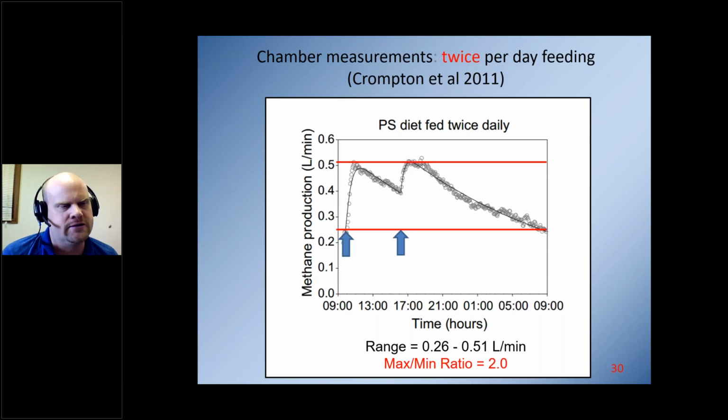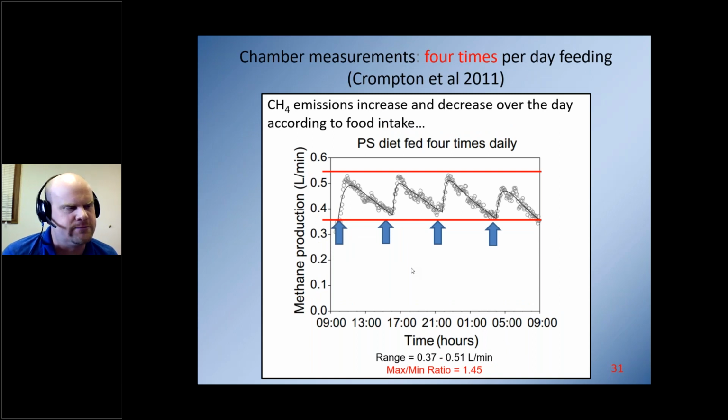Then emissions continue to decay again. The ratio of maximum to minimum emission is about 2 in this example of twice-per-day feeding. And finally, Crompton in his chambers fed the animals 4 times per day.